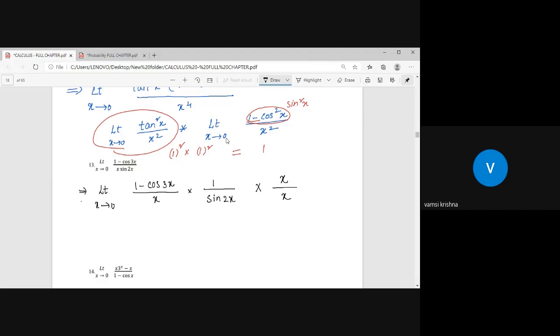Converting into some formula like 0 into infinity. Now let me write limit x tends to 0. My next step is limit x tends to 0, 1 minus cos 3x divided by x into x is x square, into same limit x tends to 0, and now this x I am taking x by sin 2x.